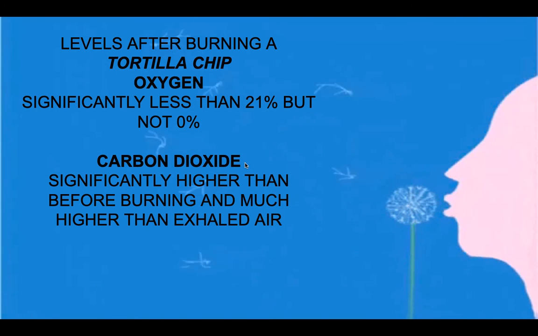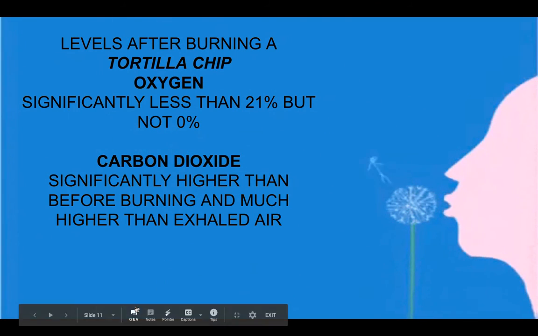When you burn with that flame, it's actually releasing more carbon dioxide than what we actually breathe out. Because it's a chemical reaction in an open system, it's very hard to measure the exact percentages, but just know that the oxygen level changes drastically, and so does the carbon dioxide level.